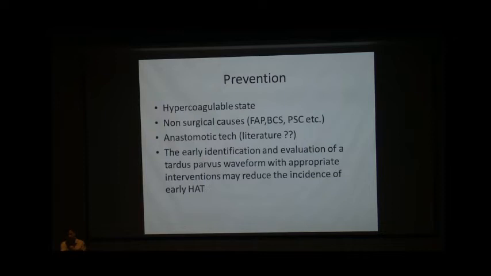And another contentious issue is anastomotic technique, whether this can actually improve; I am going to discuss it in detail. But among these patients who have background hypercoagulability, we should have increased frequency of ultrasound. Along with that, we should adopt anticoagulation early in their postoperative course.